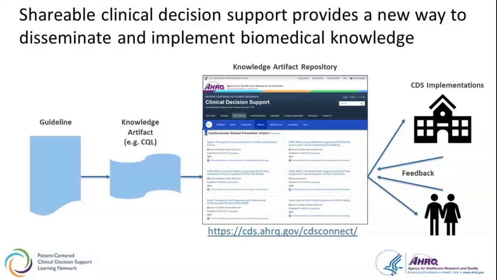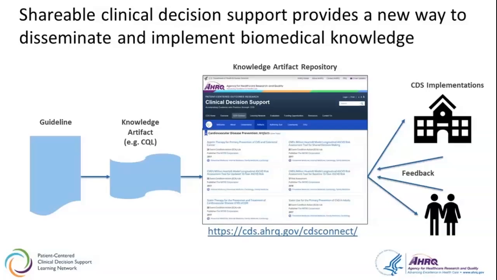So we could, for example, transform that narrative into something that's more structured and makes logical sense, such as a knowledge artifact, say by Clinical Quality Language or CQL. That's how knowledge artifacts are structured within CDS Connect, which is the big screenshot there.